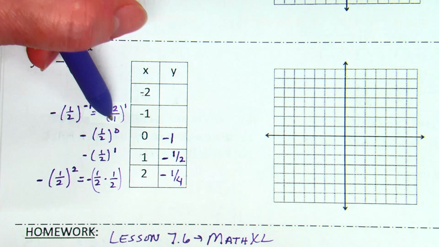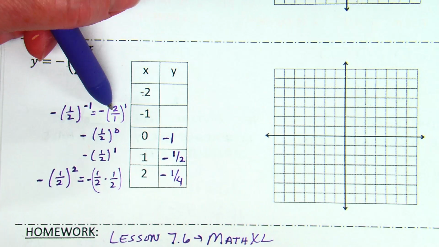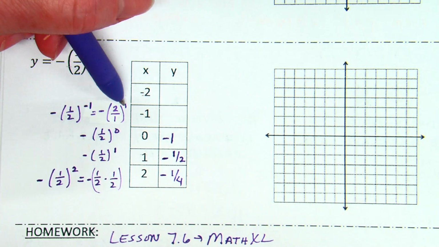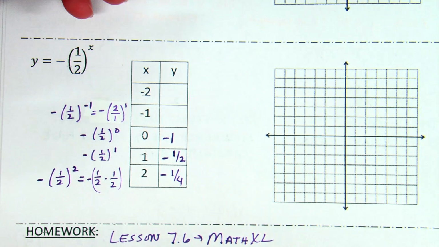So 2/1 is what whole number? Just 2. 2 raised to the first is 2. The negative of that makes it negative 2. And one more.